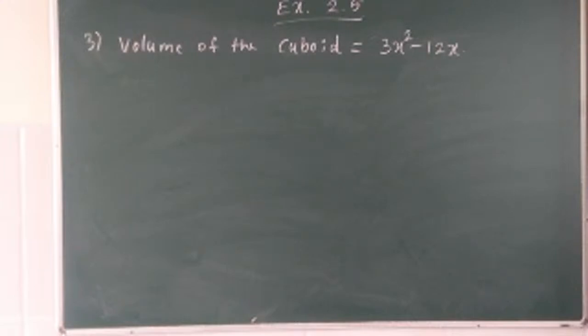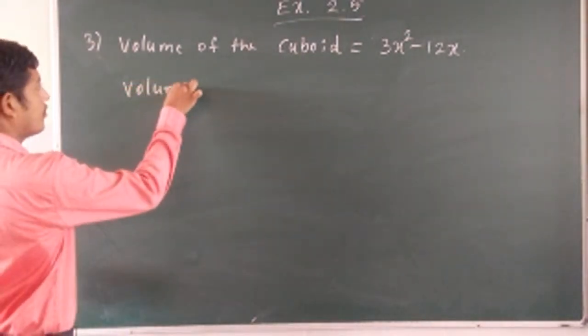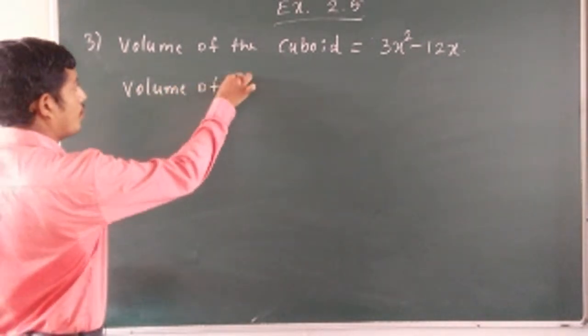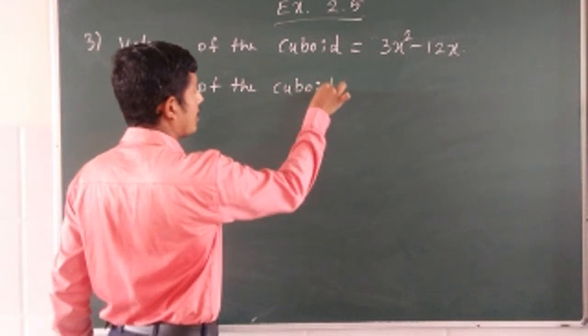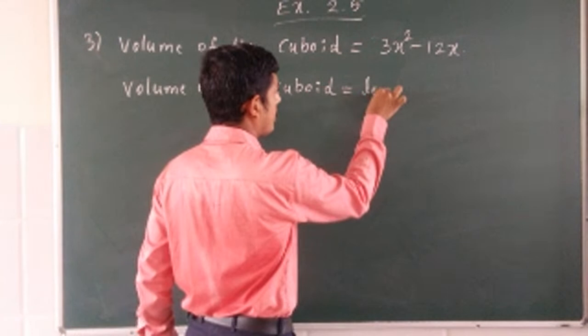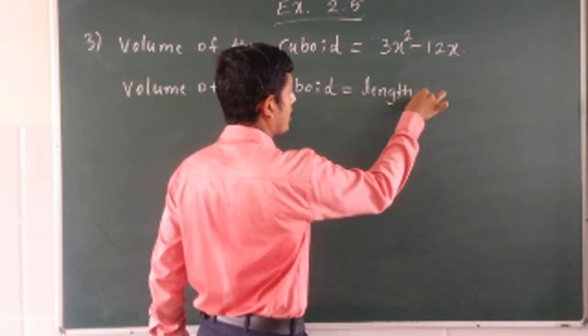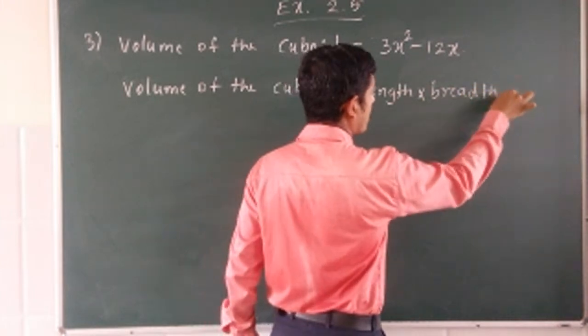So we know that the volume of the cuboid is given, that is 3x square minus 12x, and we know that the volume of the cuboid equals length into breadth into height.